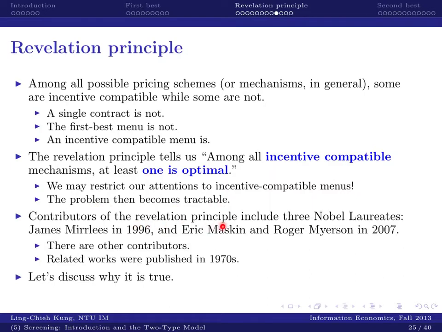The revelation principle is not founded by just one scholar, and at least these three scholars, Mirrlees, Maskin, and Myerson, put significant contributions to the revelation principle, and eventually all of them got the Nobel Prize in economics. Indeed, their findings, the revelation principle and something else, really help us to advance our knowledge regarding information asymmetry.